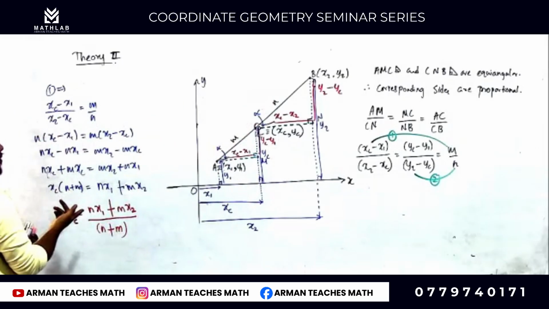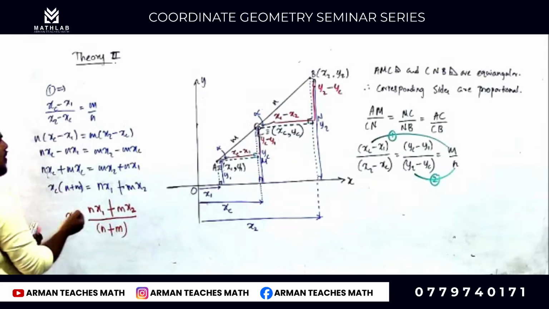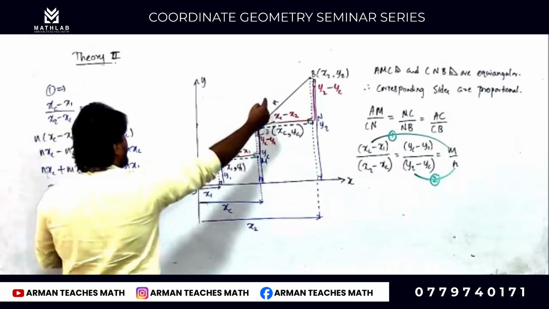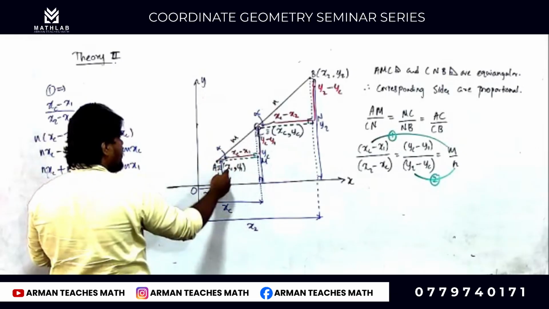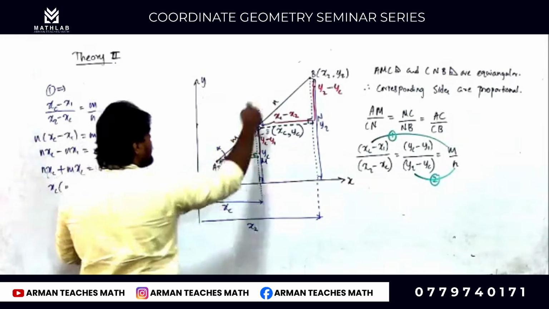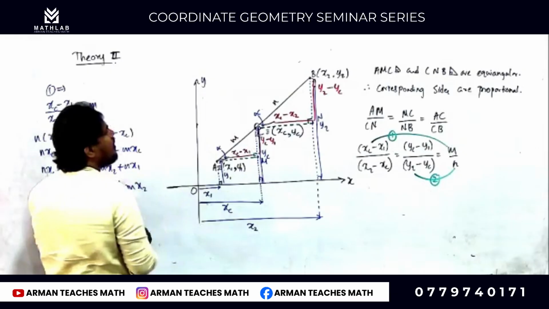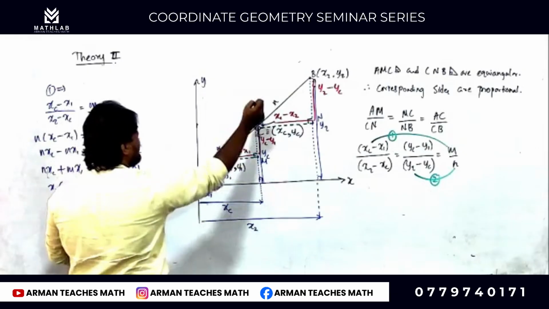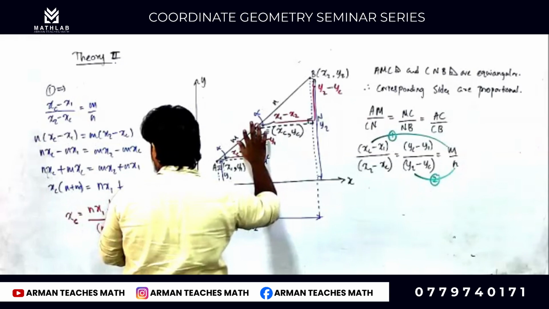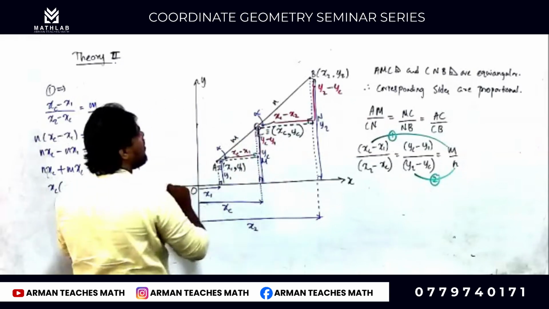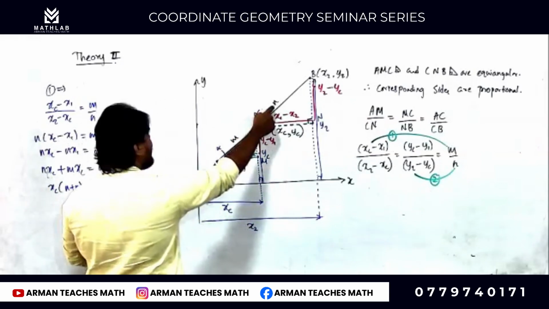What's the pattern? What's the pattern? This value times my x plus this value times my x divided by m plus n, or as n plus m. Is this m is to n? Yeah, m is to n. So m plus n and n plus m are the same.